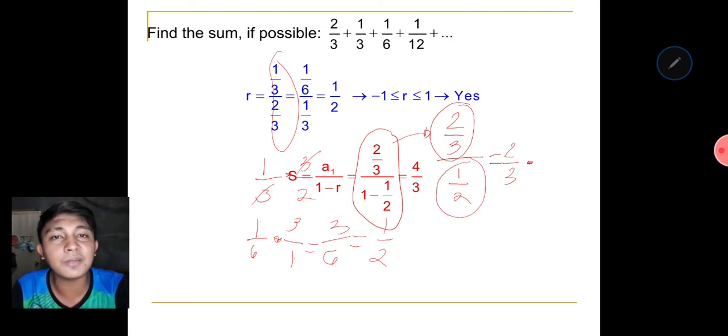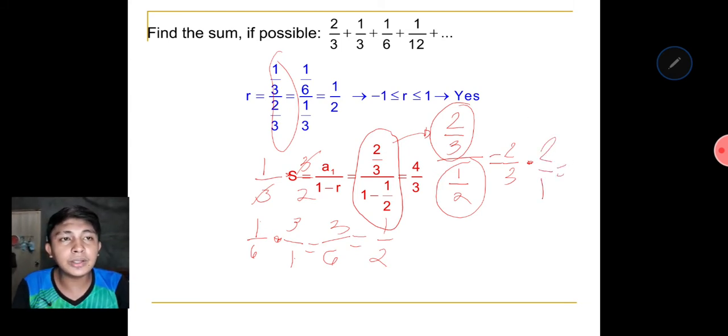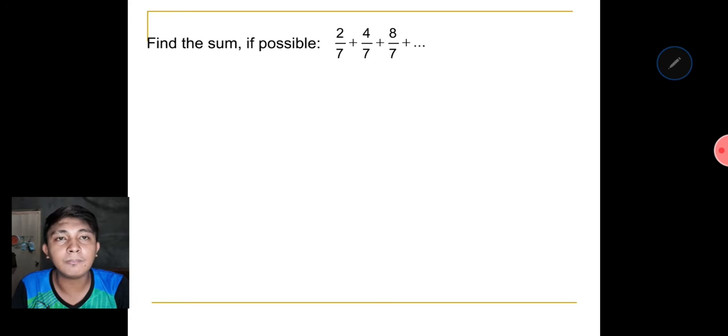The reciprocal of 1/2 is 2 over 1. So we multiply the numerator and then the denominator. Numerator times numerator, that is 4. Denominator times denominator, that is 3. 2 times 2 is 4. 3 times 1 is 3. So we have now the sum is 4/3. Okay, next one.